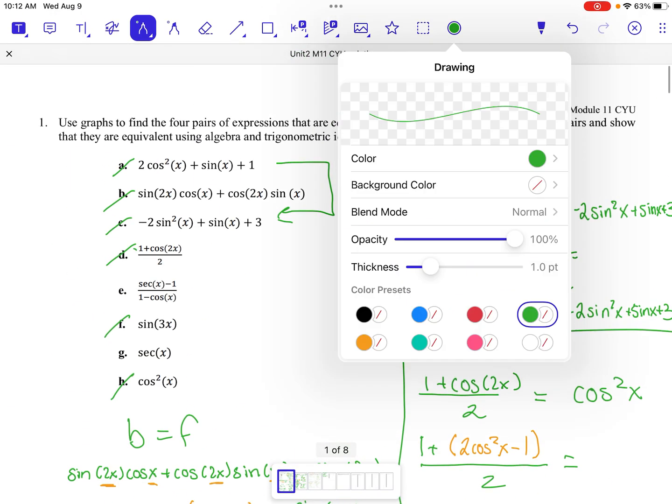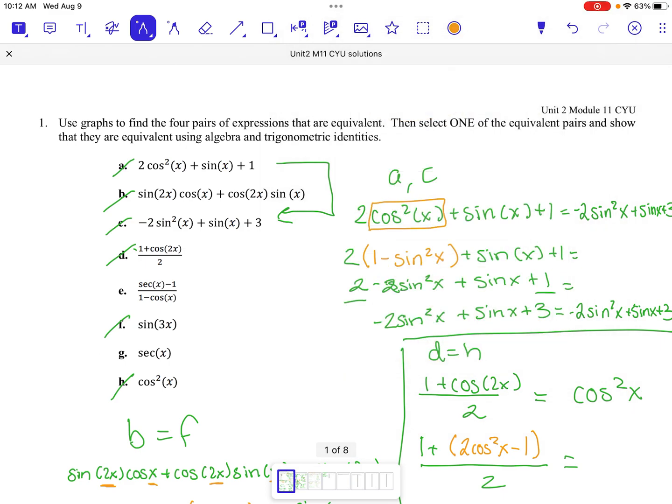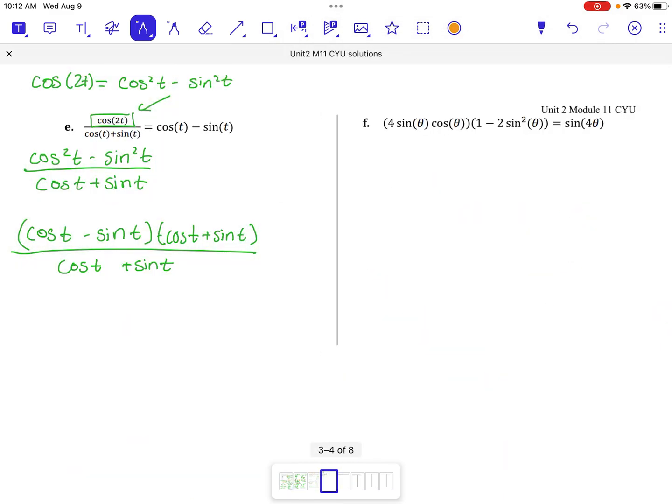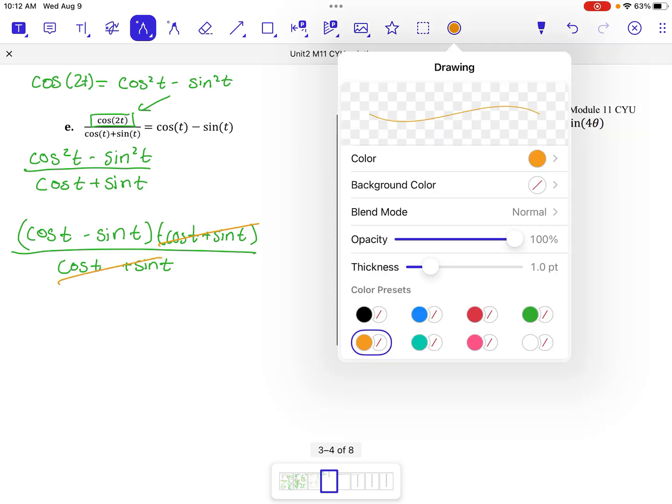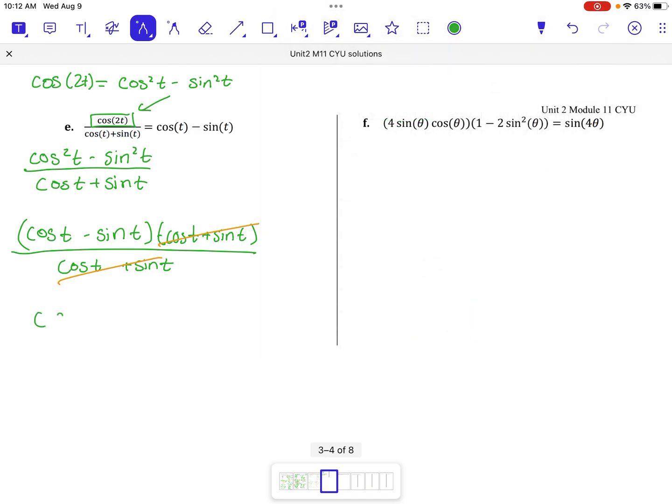And so, I shifted pages when I didn't mean to. We got some reducing going on here because we got the same factor in the top and the bottom. So then we're left with just cosine of t minus sine of t, which is exactly what we were looking for.